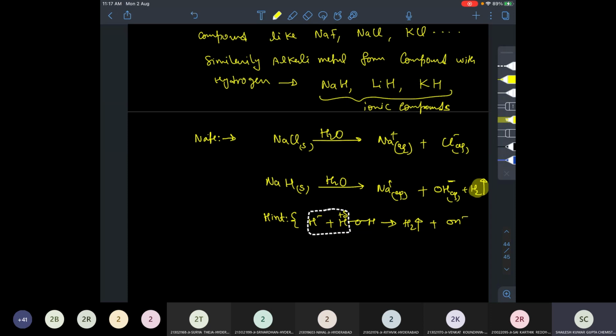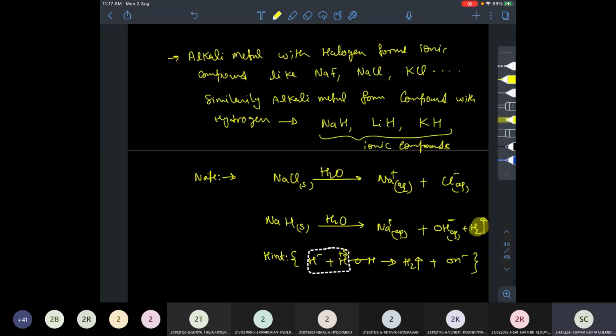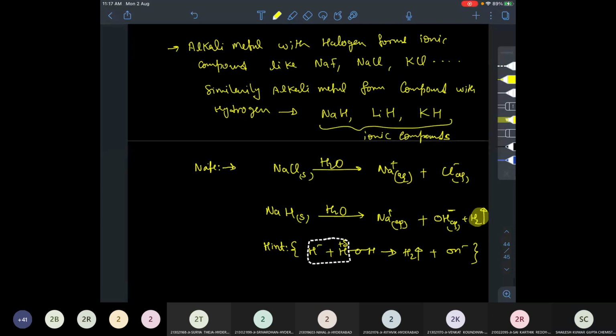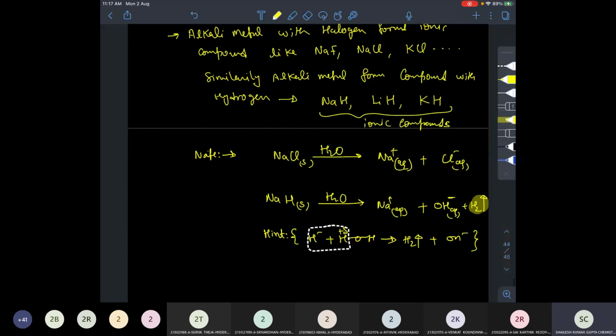So that's how we have got the whole reaction. The way alkali metals form compounds with halogens, NaF, NaCl, these are ionic. Hydrogen also forms compounds with halogens.